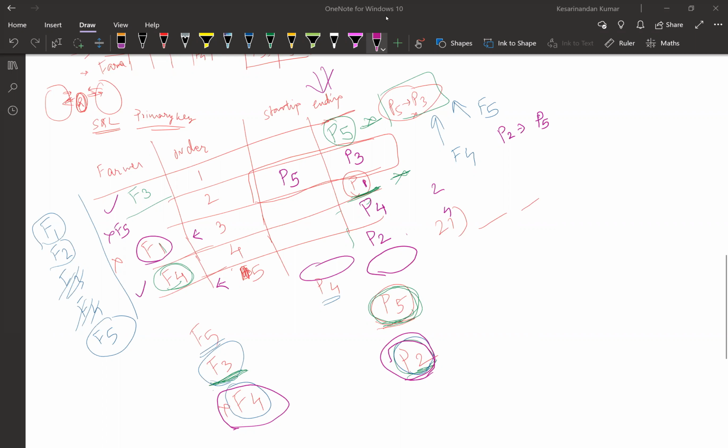F3 will be at ending P5. F3 is out of the equation. F1, F2, and F5 are the only options left. Among F1, F2, and F5, whom do you think we can eliminate? And whom do you think we can select?